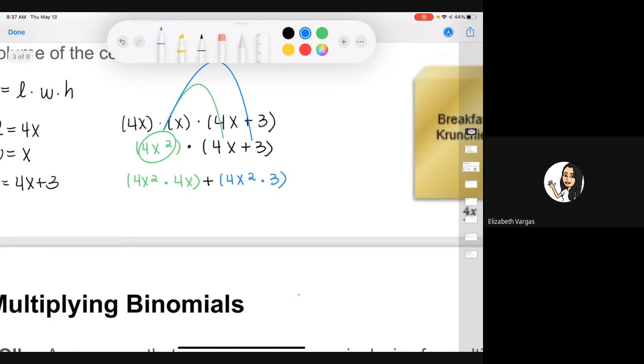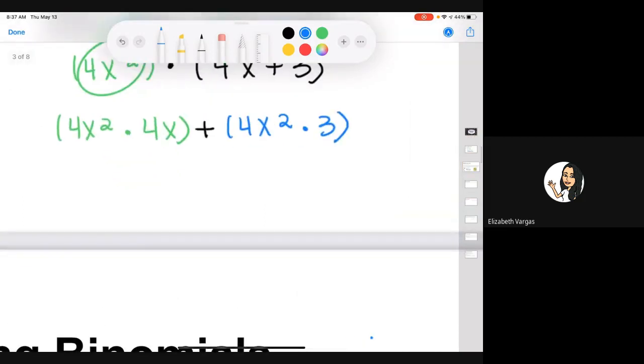So I've taken what I just found when I distribute 4x times x, which is 4x squared, and now I've taken that product and distributed it into my last part. So now I can go ahead and solve.